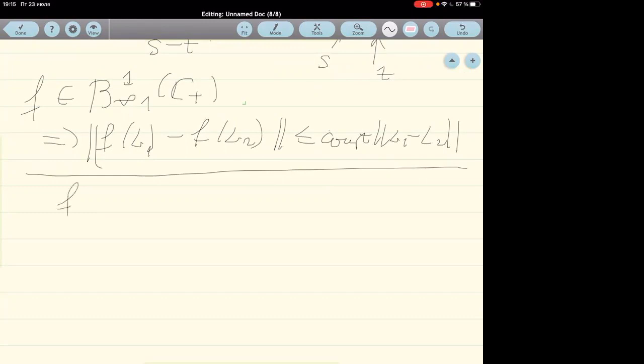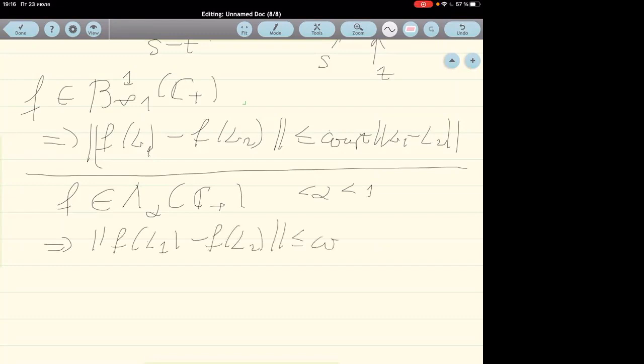If f is a Hölder function of order alpha, where alpha is between 0 and 1, analytic in the upper half plane, then the norm of f of L1 minus f of L2 is less than or equal to a constant times the norm of L1 minus L2 to the power alpha.